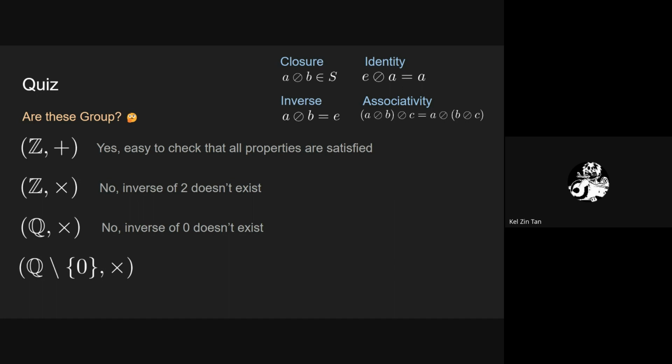Let me make another poll. So is this finally a group if I remove the element 0?